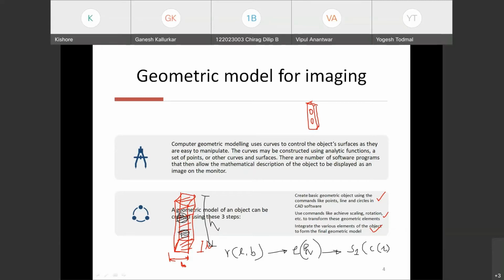You may take anything. So this is how the computer stores the information. And when you click on a certain file, it will recreate the model using these functions.